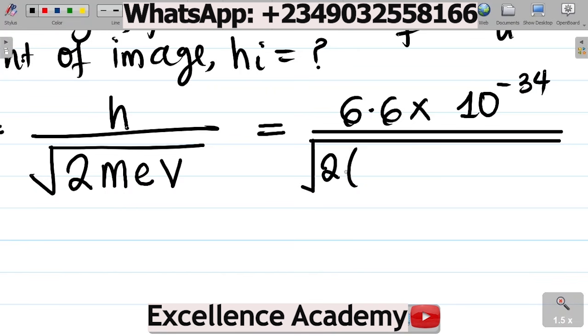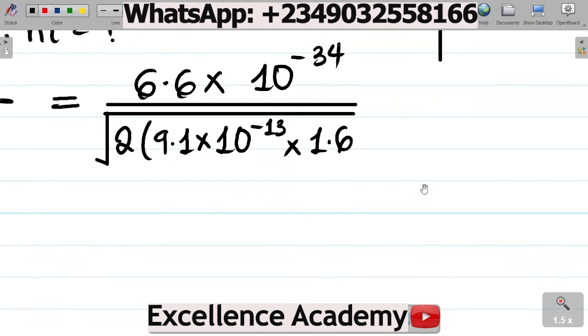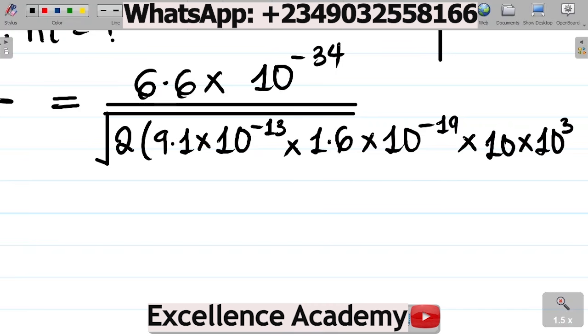Mass of electron is given as 9.1 times 10 to power minus 13 times e, the charge on electron, which is 1.6 times 10 to power minus 19, and then times V, the potential difference, which was given as 10 kilovolts. 10 kilovolts is 10 times kilo, which is 10 to power 3 volts. So we have this.